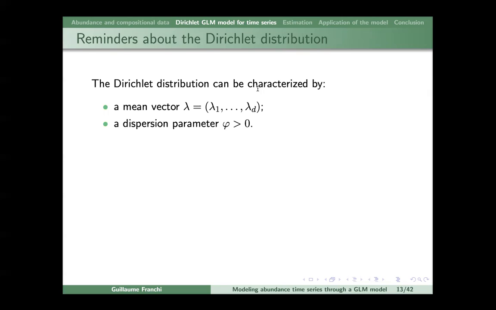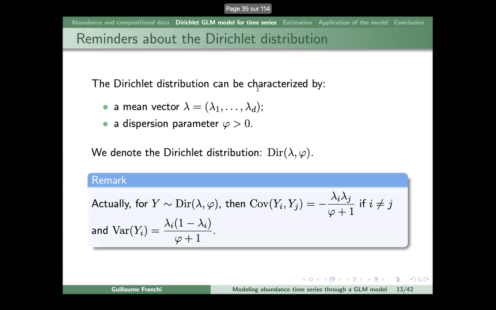This is just a notation. If you have a random variable big Y that follows the Dirichlet distribution with mean lambda and dispersion parameter phi, the variance of each marginal is given here by this formula, and you can see that the higher phi is, the less variability you will have.